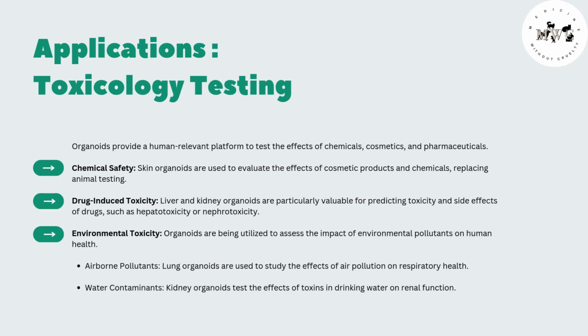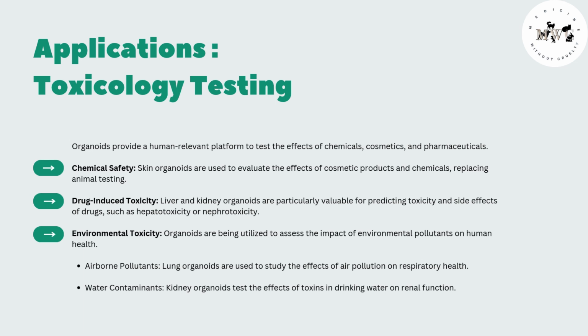Toxicology testing. Now, organoids provide a human relevant platform to test the effects of chemicals, cosmetics, and pharmaceuticals. So, for example, for chemical safety testing, skin organoids are used to evaluate the effects of cosmetic products and chemicals, thereby removing the need for animal testing.